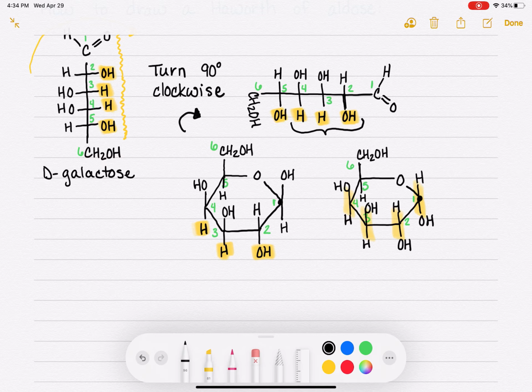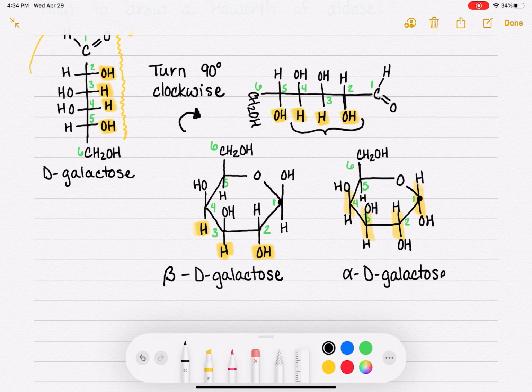So for the first one that we drew, this is D-galactose. It's still D-galactose even when it's circled up like that. When the OH group is up, we call it beta D-galactose. And when the OH group is down, we would call it alpha D-galactose.